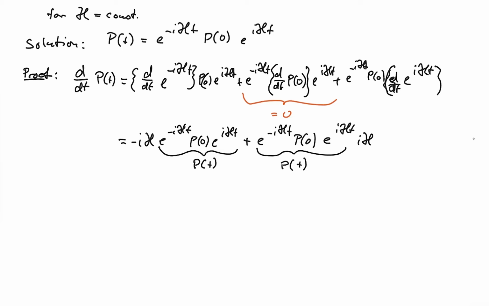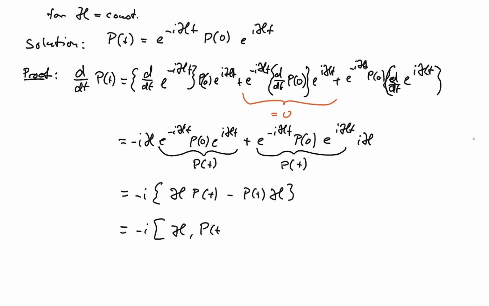So we can write it as minus i H P of t minus P of t times H. And this is nothing else but the commutator of H with P of t.